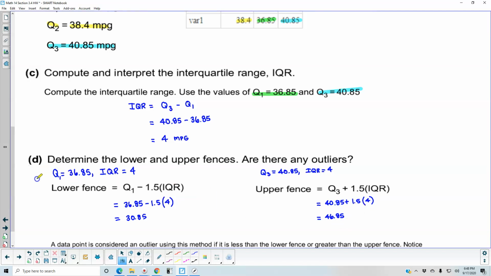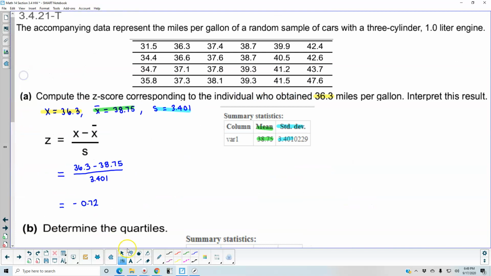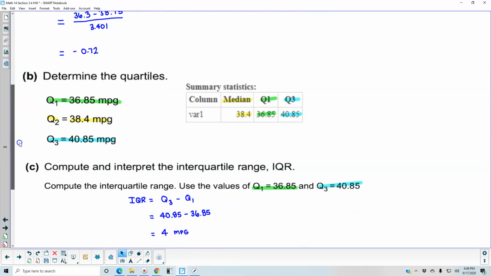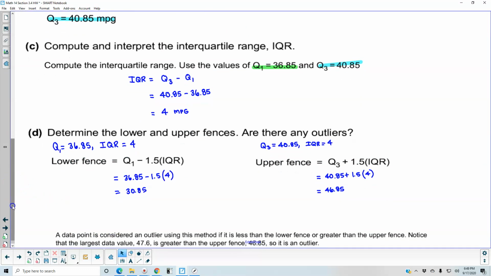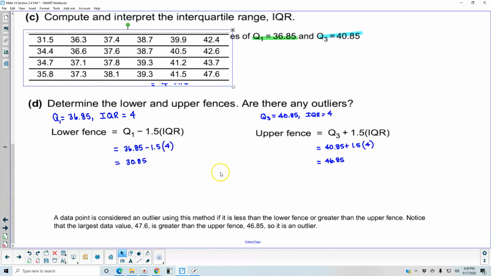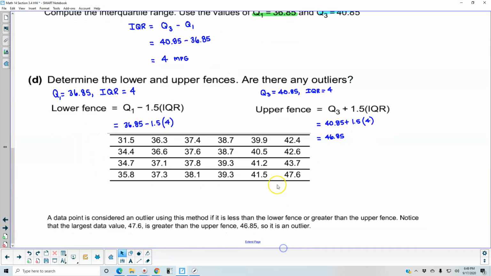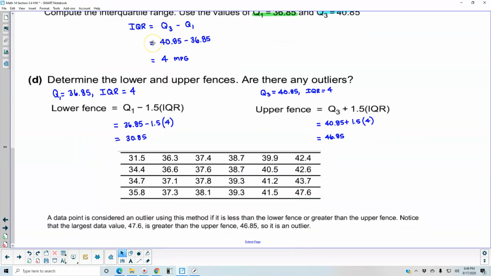Then we use this information with the data up here. I'm going to copy that and bring it down here so we can figure out if there is an outlier. I'm going to highlight anything in purple that's an outlier.